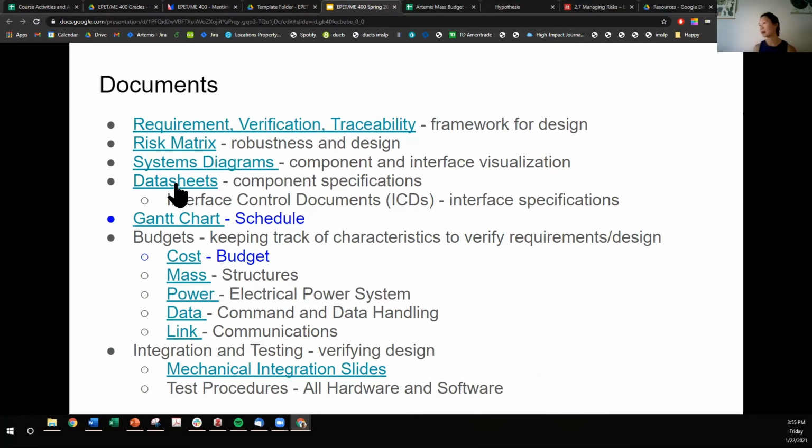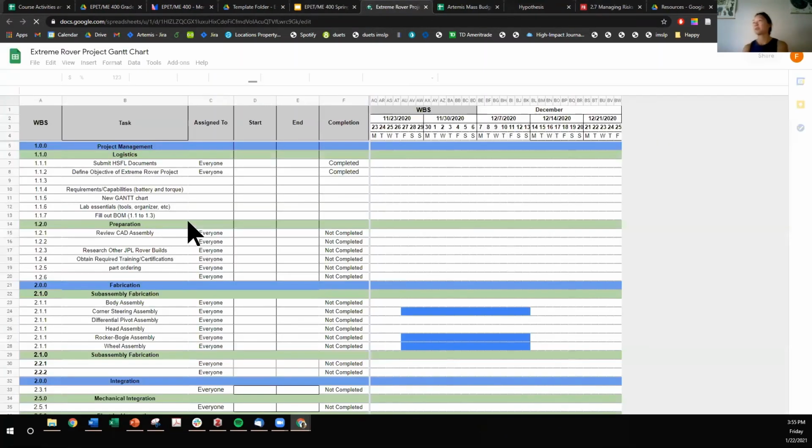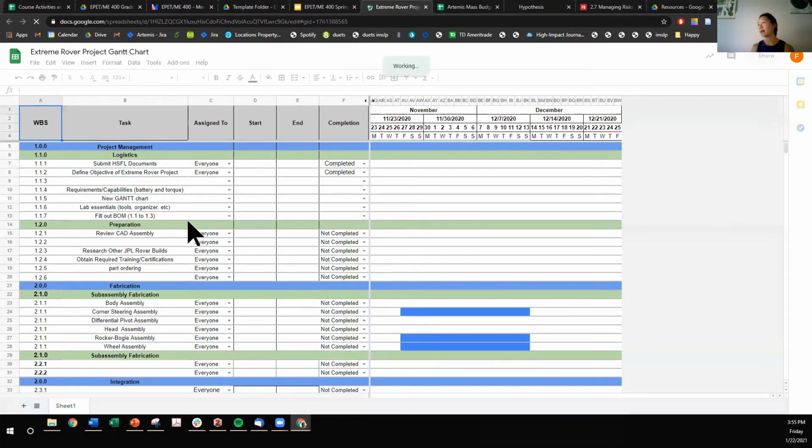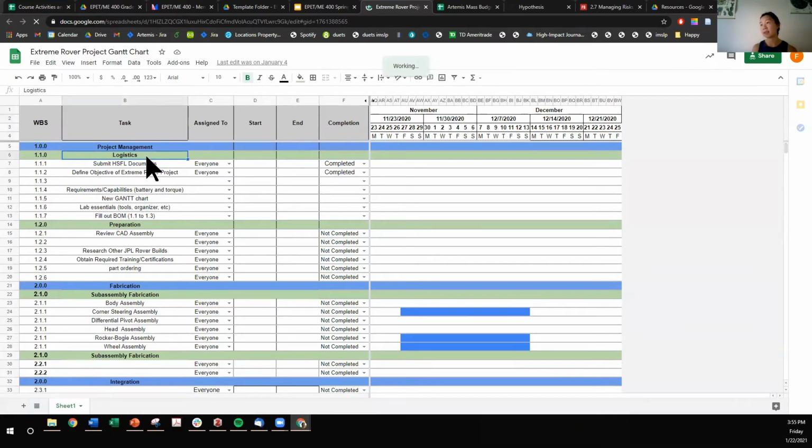Okay, so now Gantt charts. The engineers in this group hopefully have seen Gantt charts before, but they're a way of keeping track of your schedule. You have different programmatic phases in a mission timeline. For us, I would say that primary objectives or milestones are to have your PDR done and your CDR done.